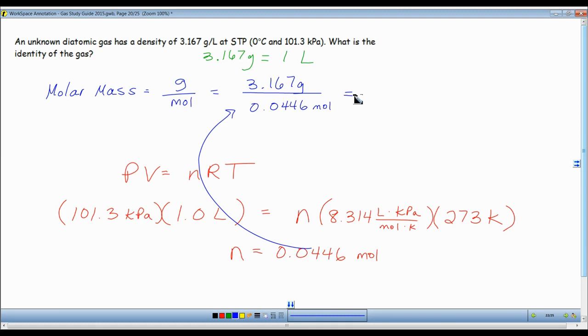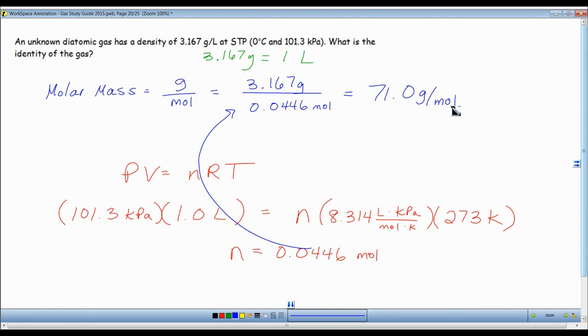Okay, so now we cross our fingers that this comes out to be a diatomic molar mass. 3.167 divided by 0.0446. Okay, it's like 71.0. And that's grams per mole.